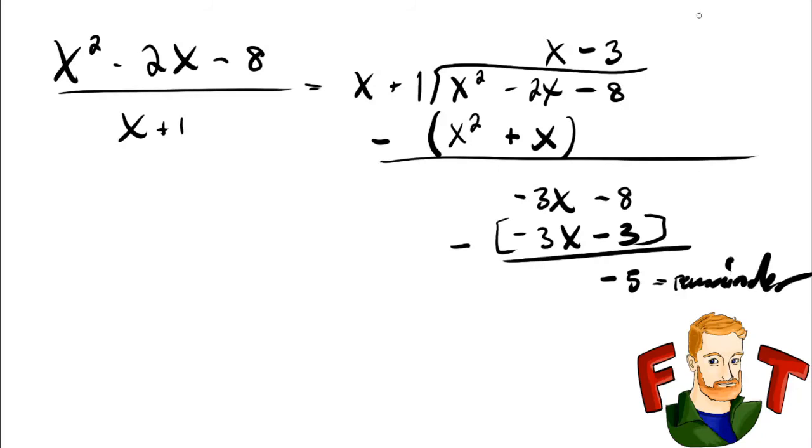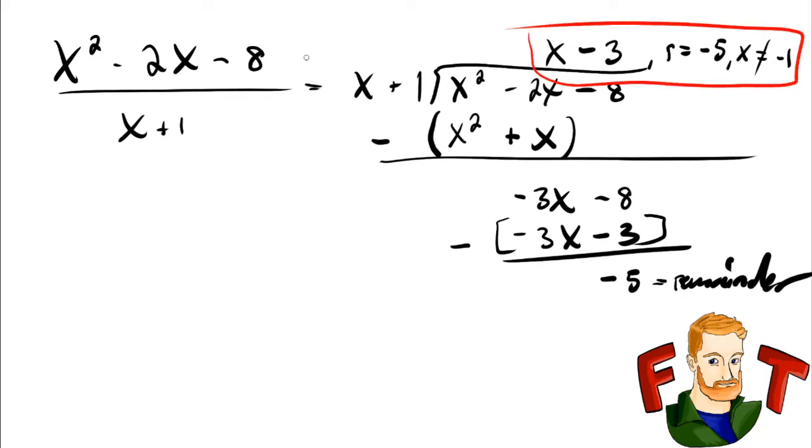Okay, so x minus 3, r equals negative 5. X does not equal negative 1 because of that right there. So that is the answer.